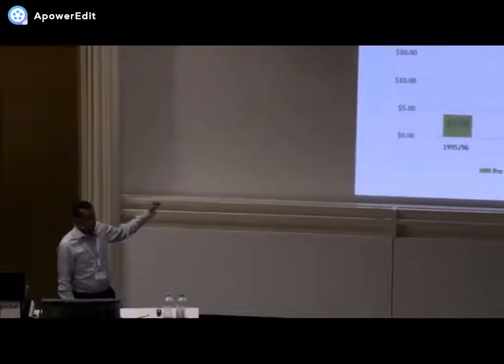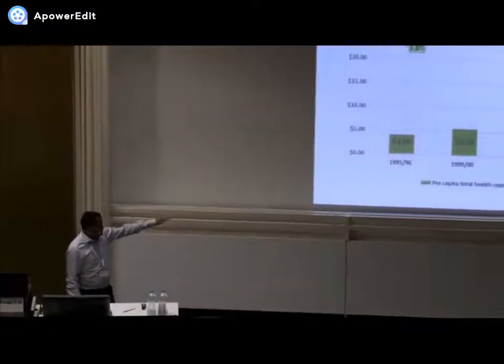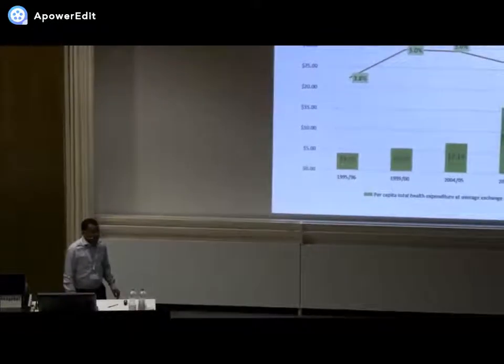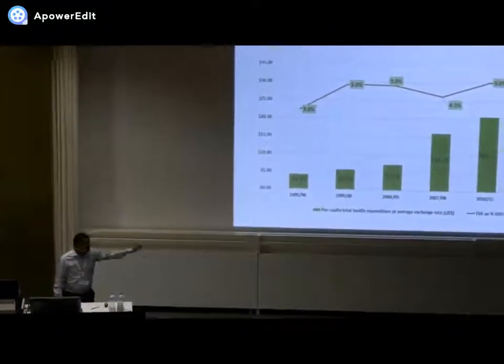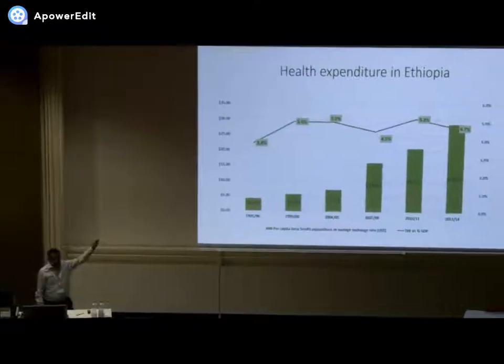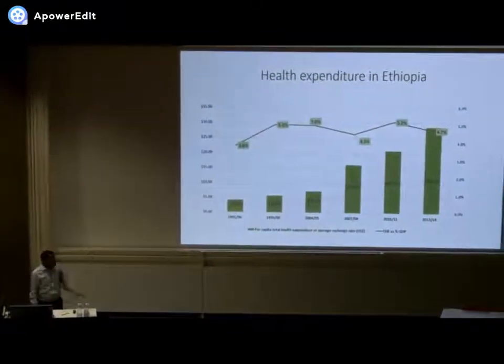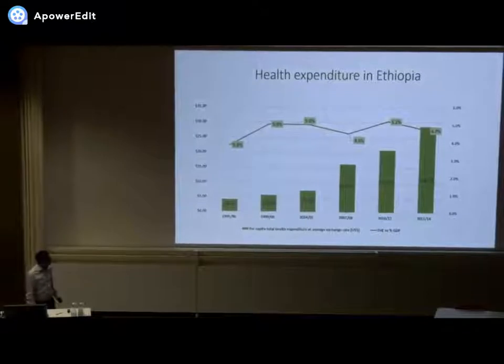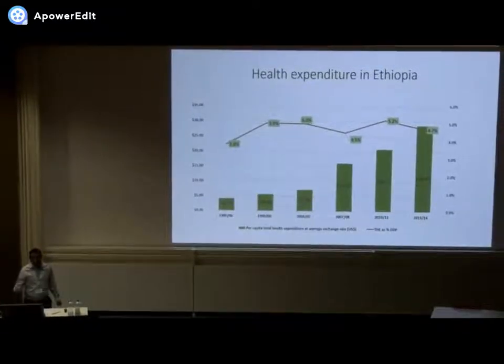This is the per capita expenditure on health across different years from 1995 to 2013. That's the recent information. As you see, there is an increment, but it is still less than $30 US per capita.